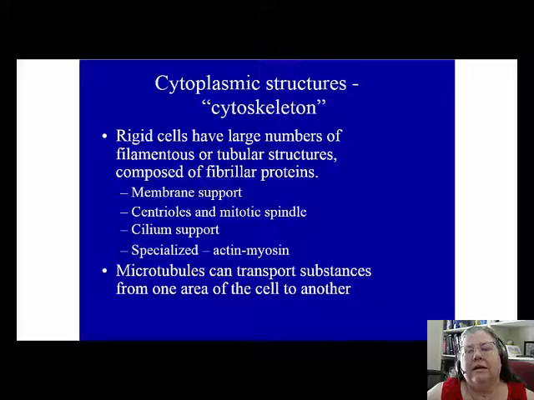And in specific, again, specialized cells, actin and myosin are specialized proteins that contribute to contraction. There are also microtubules within the cell that can transport substances from one area of the cell to another.